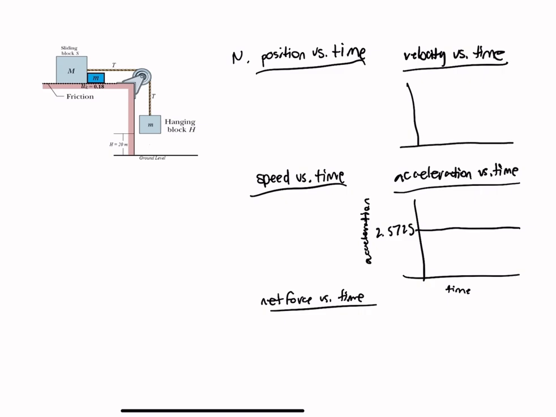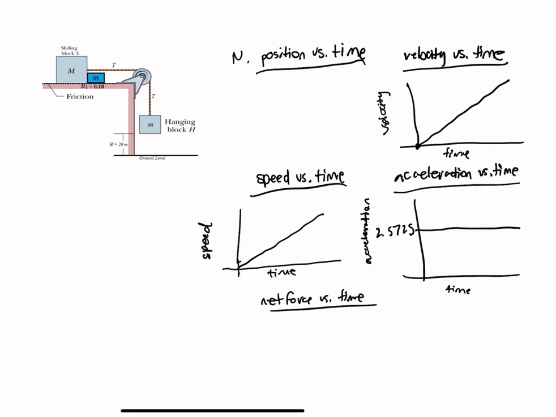In that case, velocity, since it's initially at rest, it will start down here at 0. And acceleration is just one number, which means velocity is increasing at a constant rate. Similarly, speed and velocity have the same magnitude, and in this case they will also look the same because at no point does velocity ever change direction.